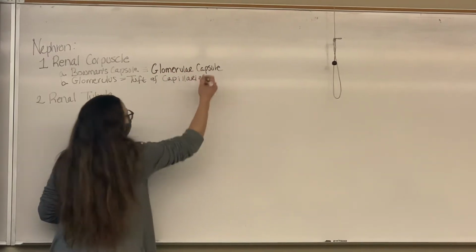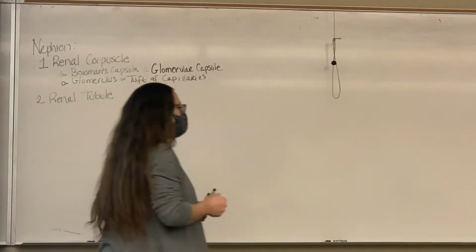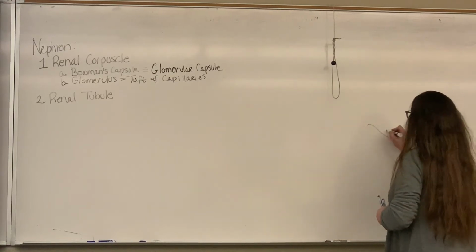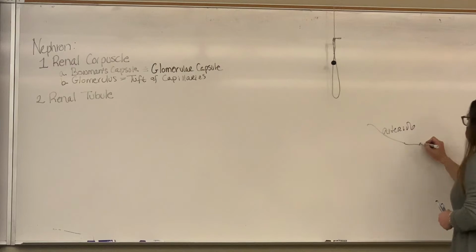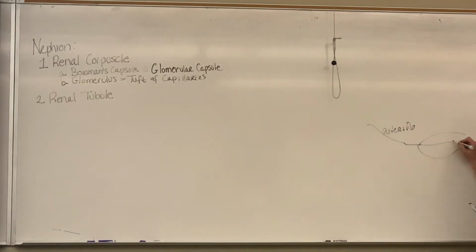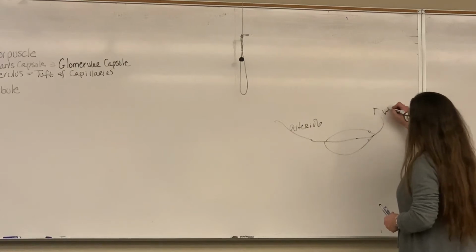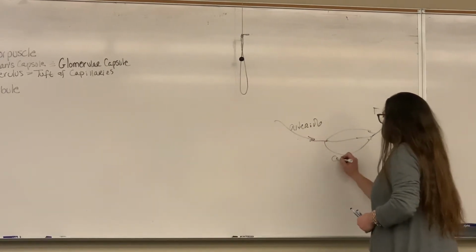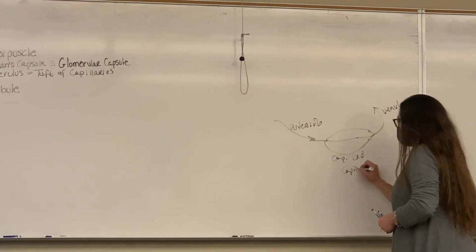Okay, so first of all, what's a tuft? All this time when we've been drawing out capillaries, you'll always see me say, this is an arteriole, and it takes us into a capillary bed. That's what you've seen me draw. And then leaving that capillary bed, we go into a venule, right? This would be a capillary bed or capillaries, same thing.